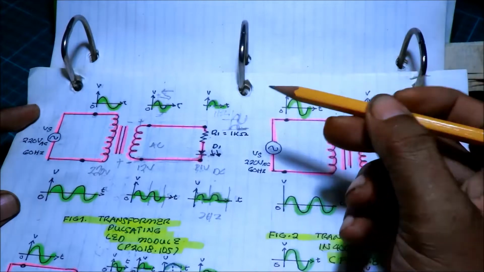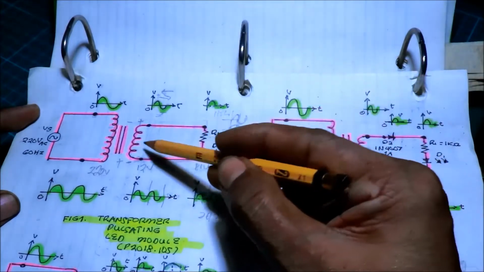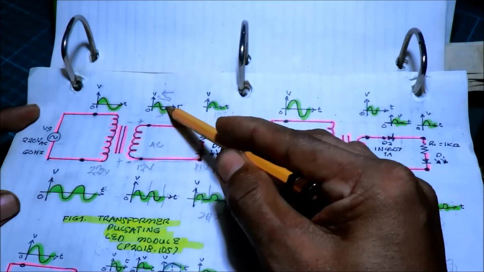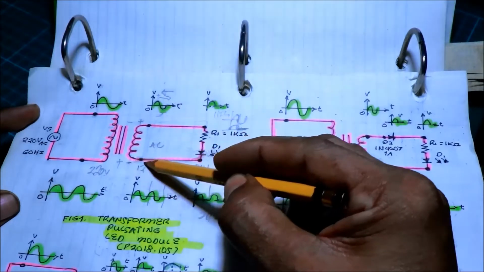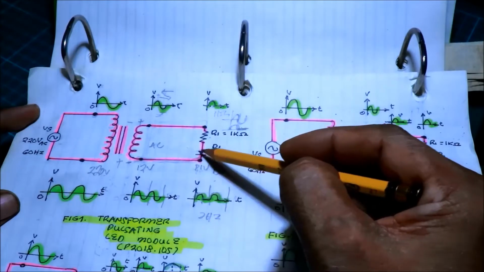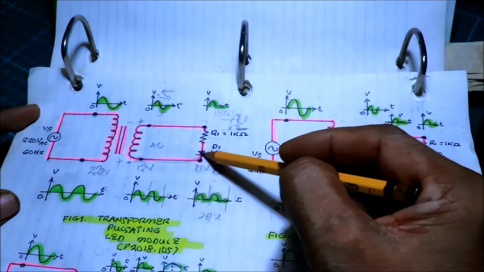Because during the reversal of the wave, the negative half cycle, current travels here, and what happens to the LED is it is reverse biased.